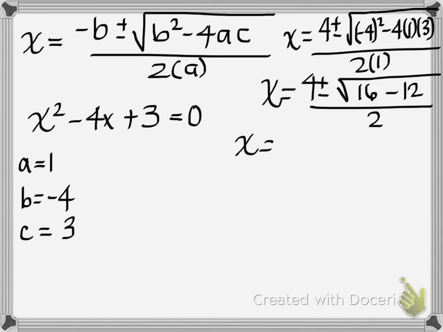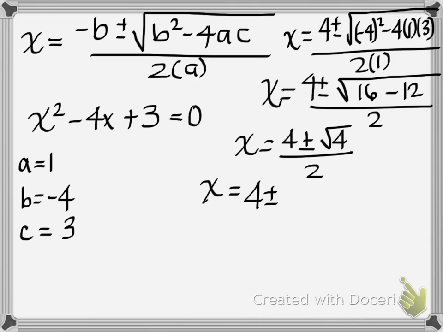Now we have x is equal to 4 plus or minus, we can figure out 16 minus 12, which is 4, so the square root of 4, all divided by 2. We can simplify just a little bit more. I forgot my minus there. And we can simplify it to get x is equal to 4 plus or minus 2, because the square root of 4 is 2, and then divide that by 2.